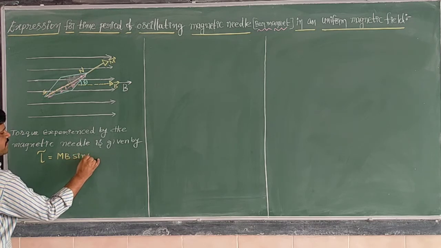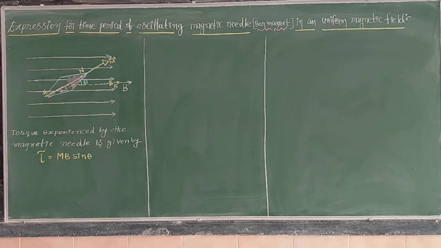Now, from Newton's third law, for every action there is an equal and opposite reaction. This is the deflecting torque. What is the deflecting torque experienced by the magnetic needle in the magnetic field? That is mB sin theta.